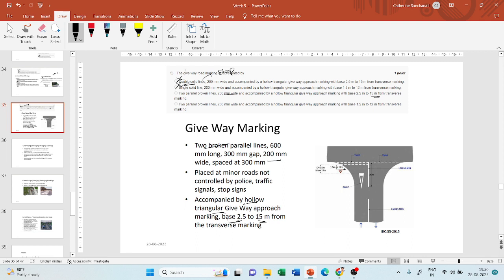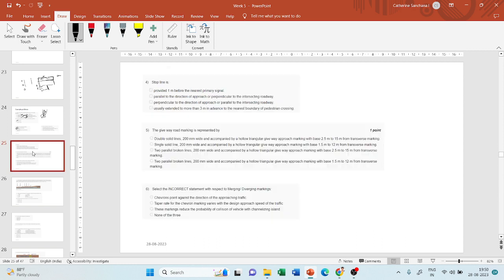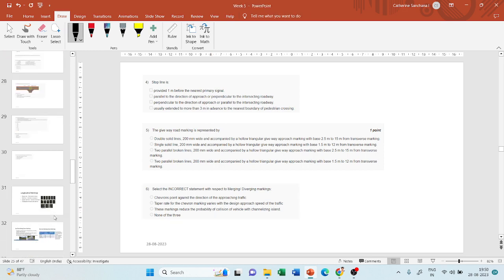Yes, so this is the answer. The fourth point is exactly the same, but these two values will vary, so it is wrong. So the answer to this is C. Select the incorrect statement with respect to merging or diverging markings.